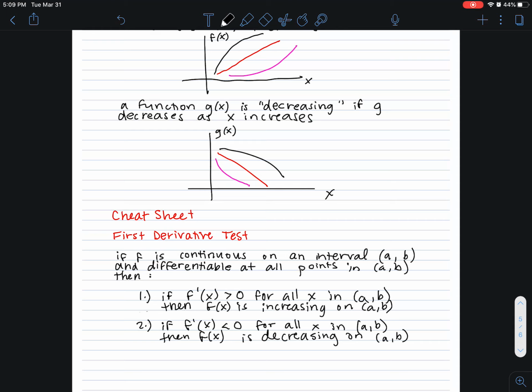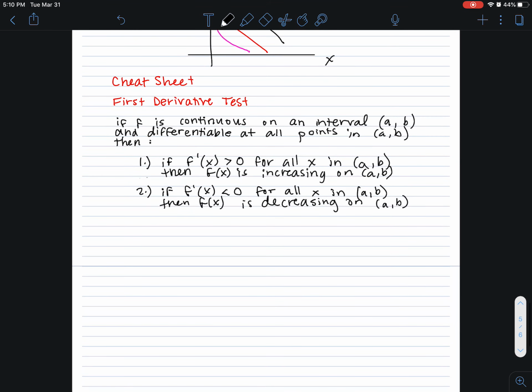I want kind of an example. Let's do a cubic function. Yeah, I think that'll be the best for an example. So again, this is cheat sheet information, so you want to make sure you have that down, or rather all of this.